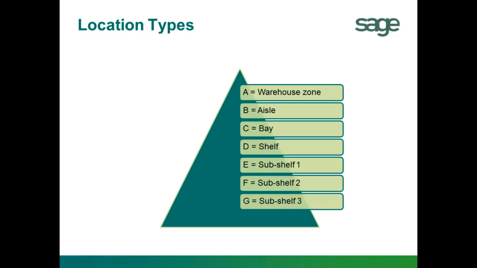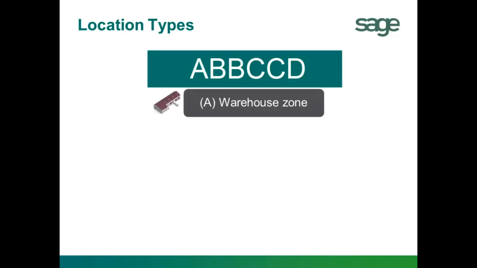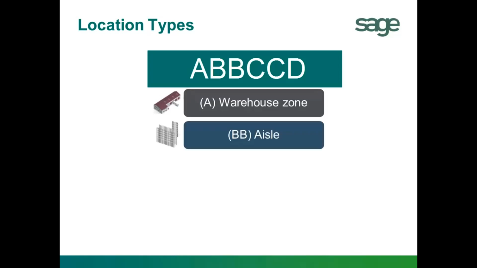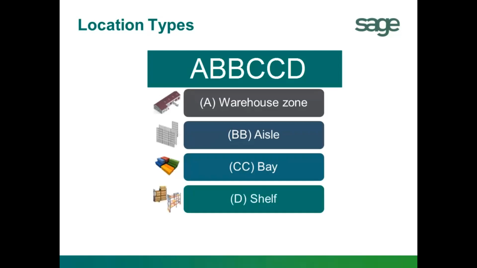Each letter is optional and can be repeated, but it is necessary to respect the alphabetical order. For example, ABBCCD is made up of A for the warehouse zone, BB for the aisle, CC for the bay, and D for the shelf.